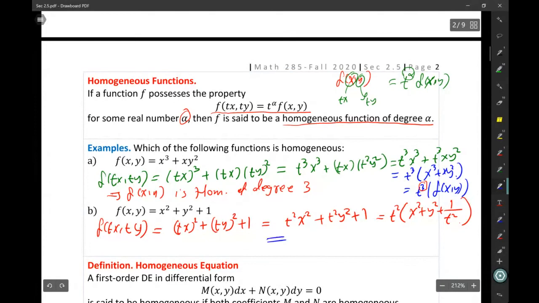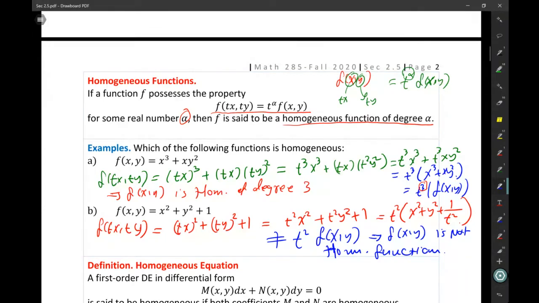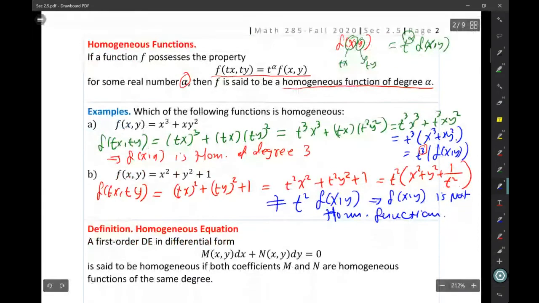But this is not equal t square times the original function f of xy. So f of xy is not homogeneous. It is not a homogeneous function. So it's clear now what's the definition of a homogeneous function. Any question here?